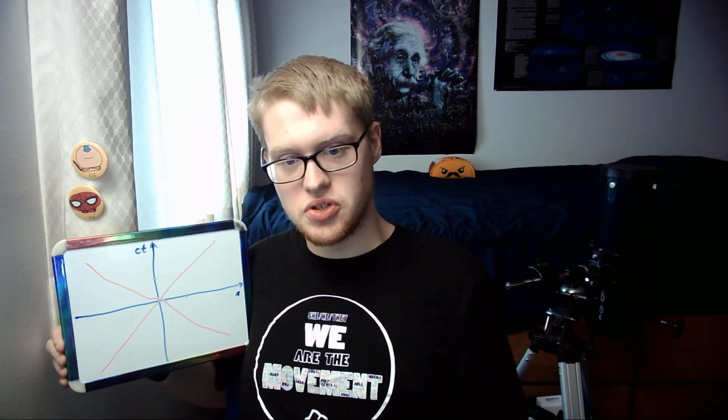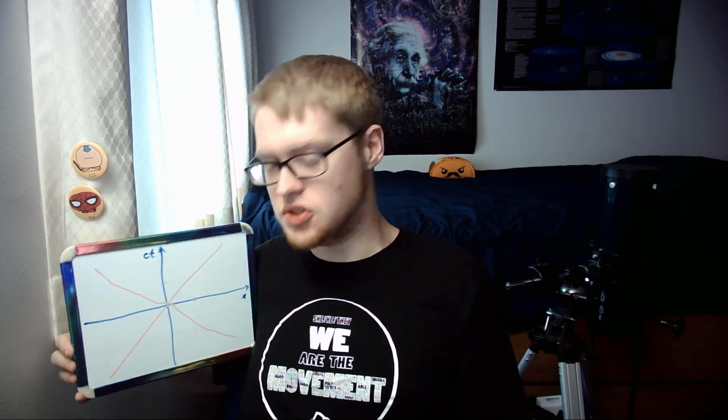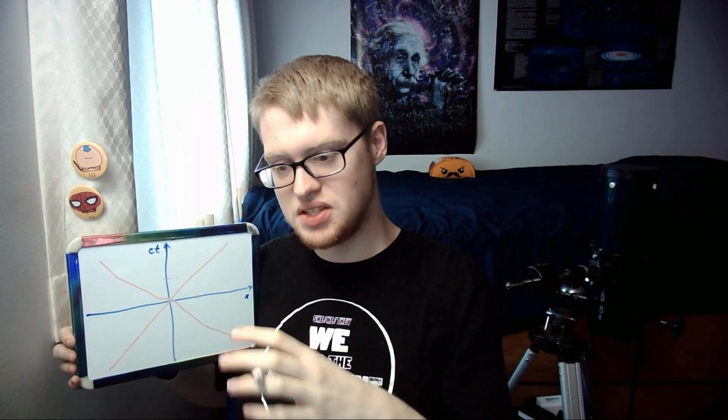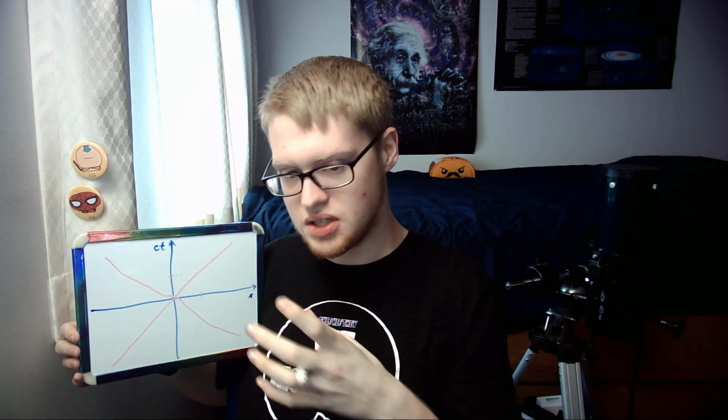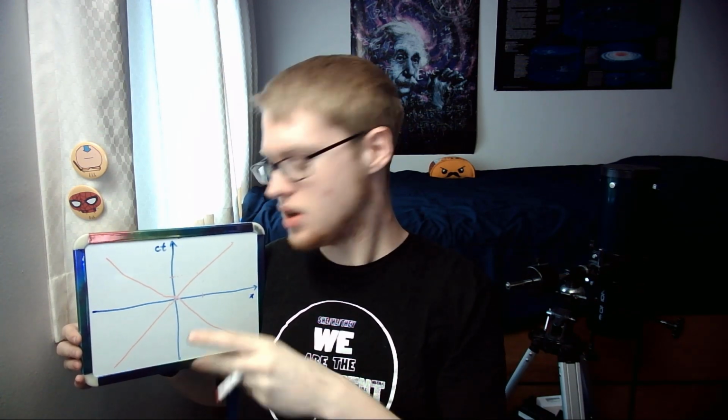And I'll get to that in a minute, but I also want to talk about what an object looks like when it's traveling slower than the speed of light. So with CT, let's say we start at the origin with an object traveling slower than the speed of light, and we want to go, say, 10 seconds in the future.